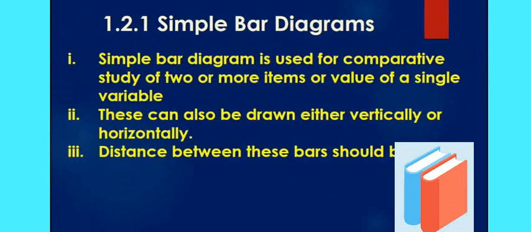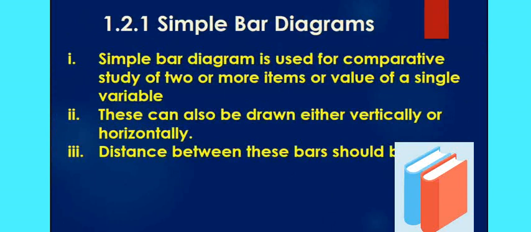First one, simple bar diagram. Sometimes for two marks they will ask what is a simple bar diagram. The simple bar diagram is used for comparative study of two or more items or values of a single variable. So these are the types of one-dimensional diagrams. One-dimensional means a single variable, so for a single variable mainly use a bar diagram. In the bar diagram, the first one is the simple bar diagram, and this can be drawn either vertically or horizontally.